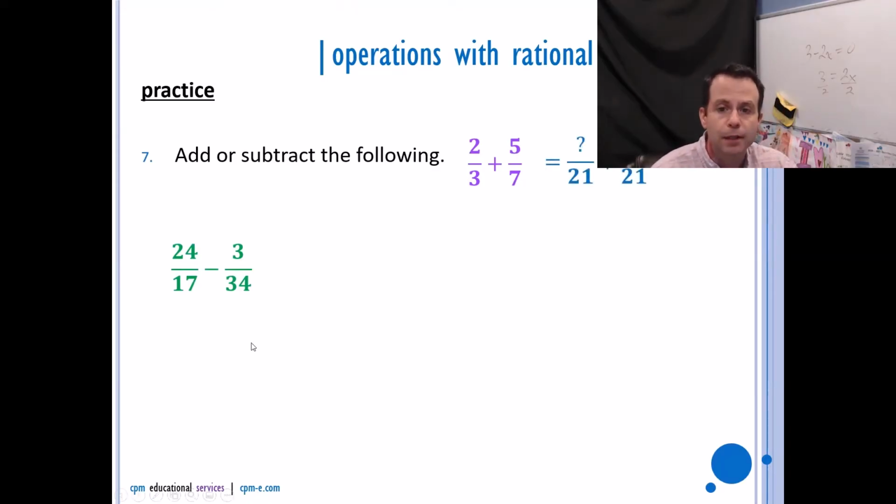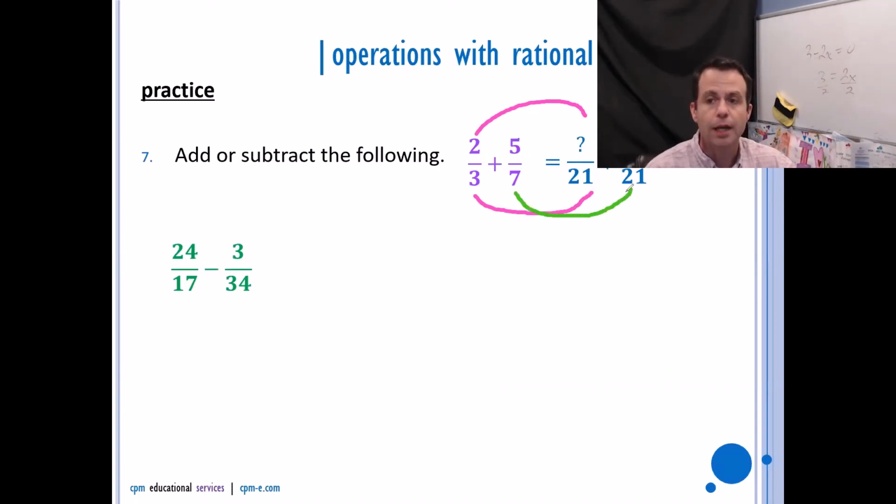So I ask myself, well, how did I go from a 3 to a 21? I multiplied by 7. So whatever I do to the bottom, I have to do to the top as well. So that 2 also gets multiplied by 7, and that would become 14. Okay, how do I go from a 7 to a 21? I multiply by 3. So whatever I do to the bottom, I have to do to the top as well.